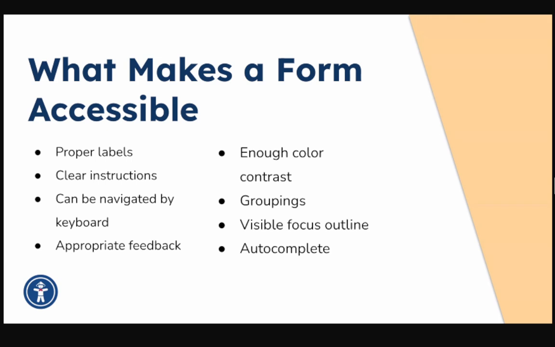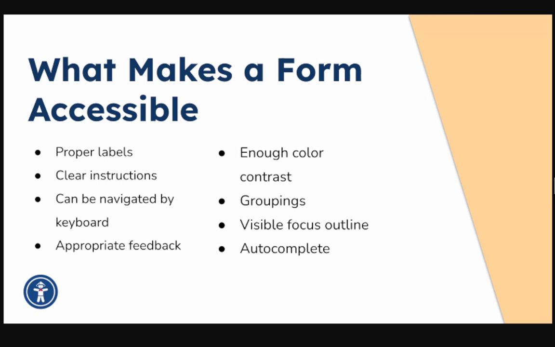And then enough color contrast. If someone with low vision can't read the labels, then it's almost tantamount to not having labels, because if they're not able to read it, then how can they know what information you're asking for? We also have groupings to make sure that the context is provided to the user.